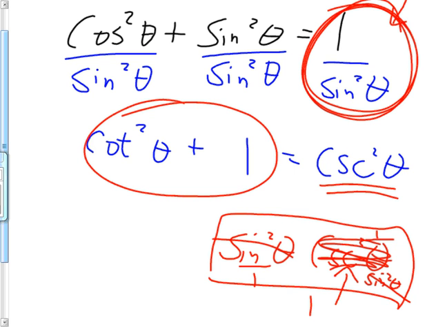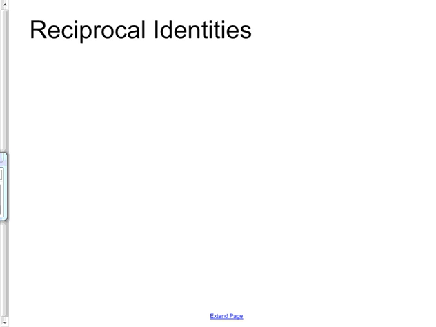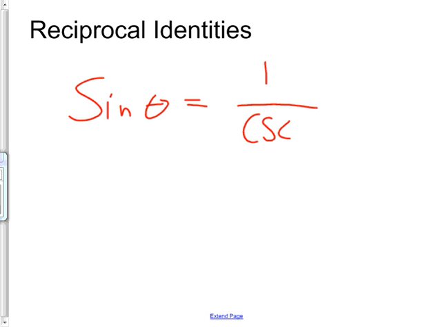You've got to know a lot of things and then use them. The reciprocal identities sound scary, but you already know them. Reciprocal means 1 over. Fill in the blank. I think you know that one. Sine is 1 over cosecant. Remember that? They're evil twins. This is just a big list of evil twins.